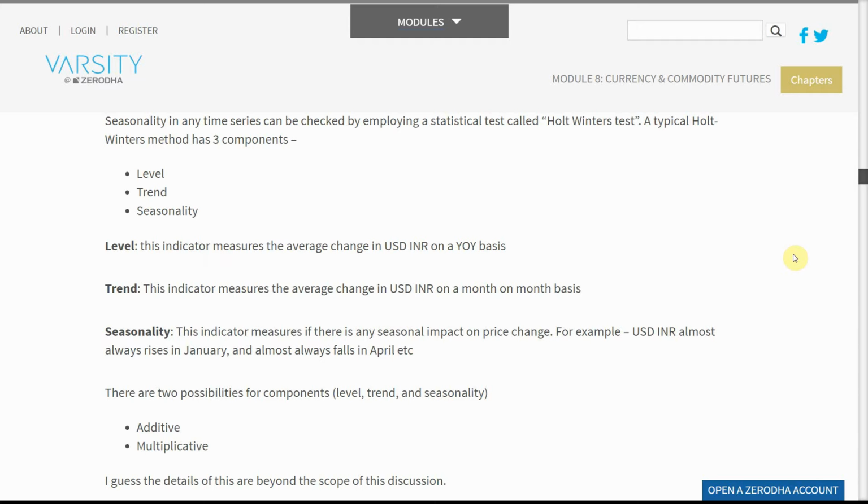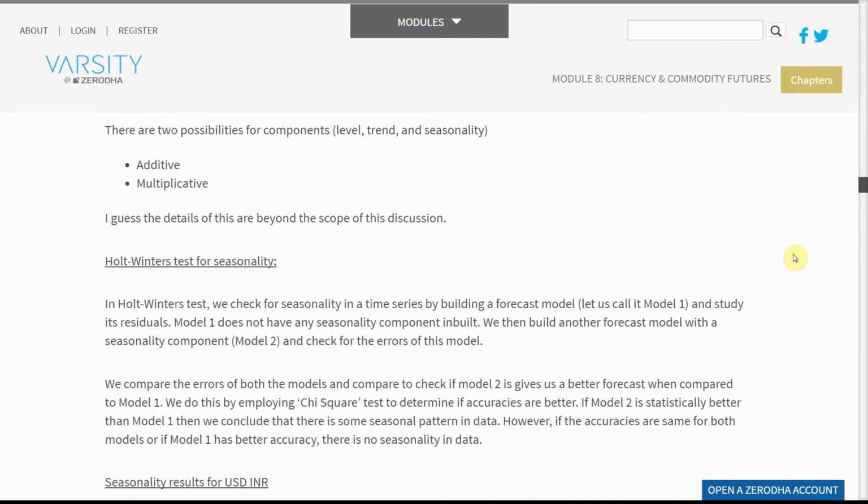For example, USD-INR almost always rises in January, and almost always falls in April, etc. There are two possibilities for components: additive and multiplicative. I guess the details of this are beyond the scope of this discussion.